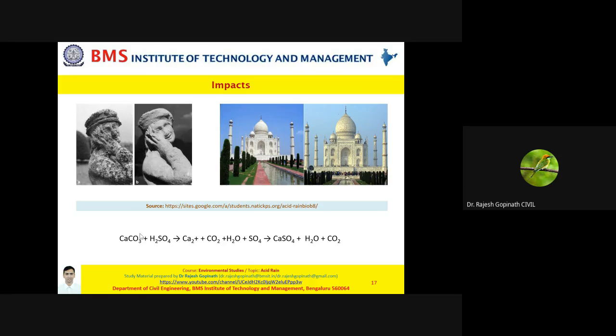Now the danger part is, unlike calcium carbonate, calcium sulfate is easily dissolvable in water. So probably when there is rainfall, or when there is production of water vapor, you can expect this substance or this structure to be weaker. If you do a closer observation of Taj Mahal, the structure which was highly solid before, now it has become porous in nature.